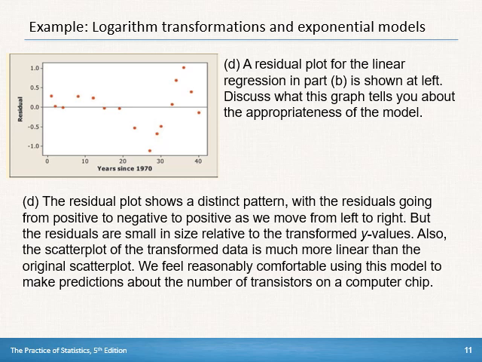But the residuals are small in size relative to the transformed y values. Also, the scatter plot of the transformed data is much more linear than the original scatter plot, where we were looking at the original exponential data before we transformed it. So we're going to feel pretty comfortable using this model.